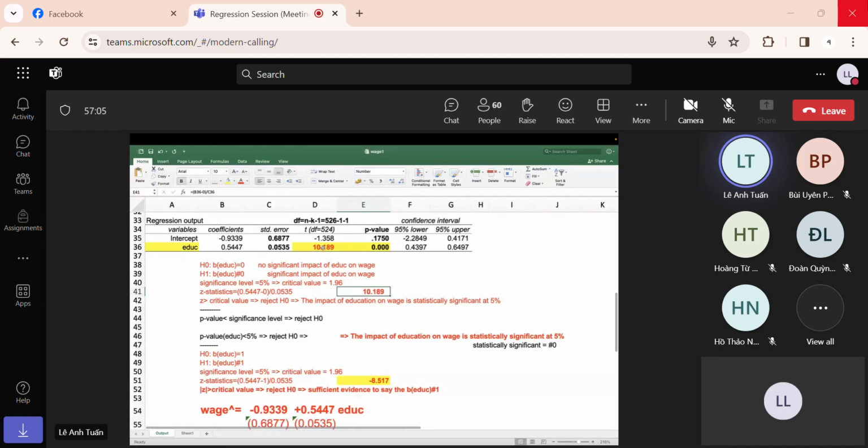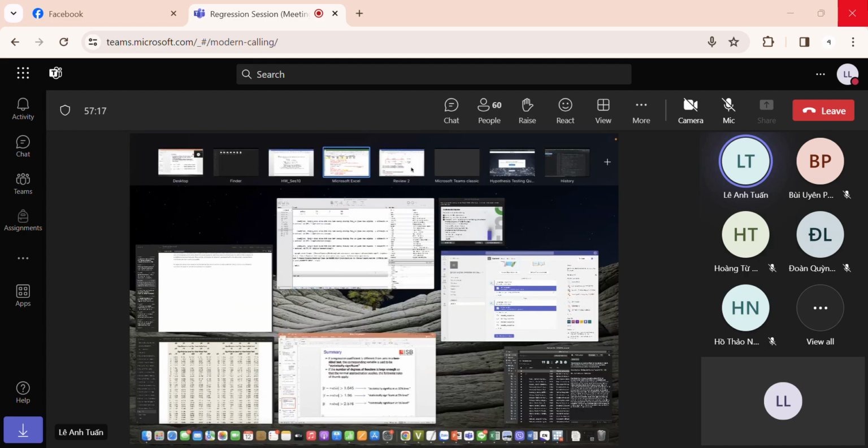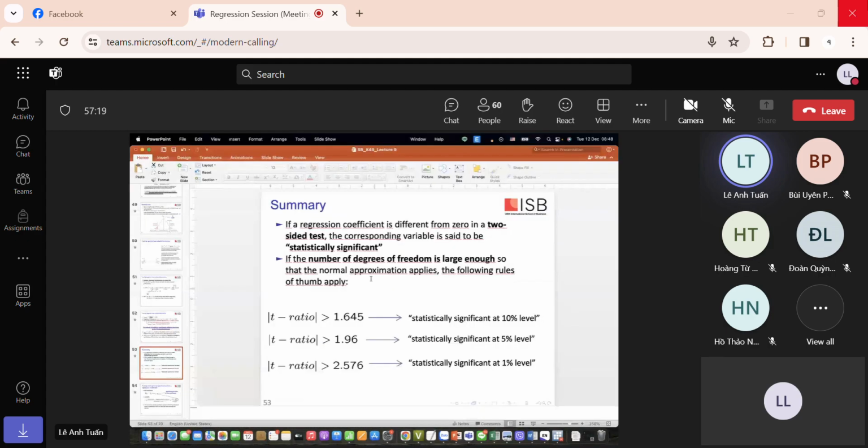So the t here is to test whether this coefficient is equal to zero or different from zero. And if the degrees of freedom are large enough, the critical value for the student distribution equals the critical value for the normal distribution.